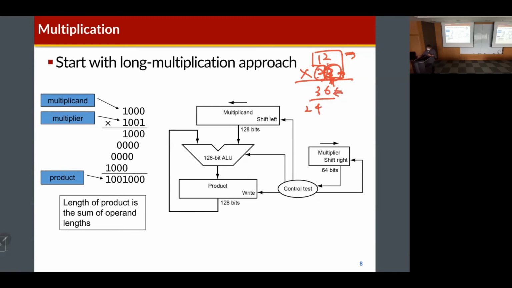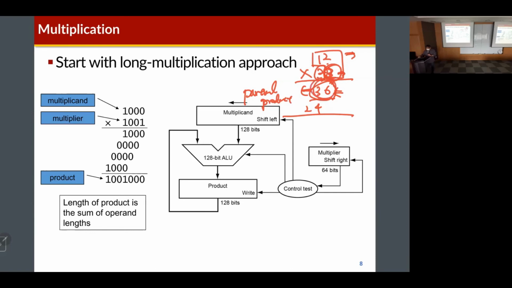So multiplication is performed for each digit of the multiplier, and these results are called partial products. It's not the final result; it's the result of partial multiplication.